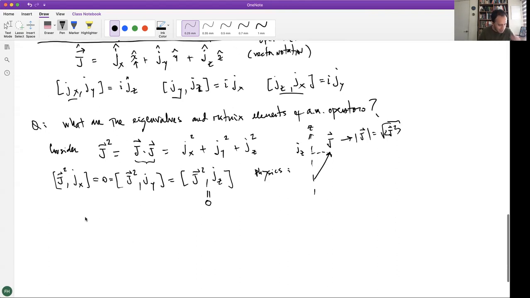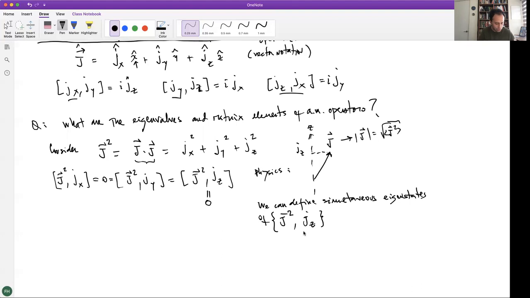And so, since the operators commute, we can define simultaneous eigenstates of, let's say, J squared and Jz.